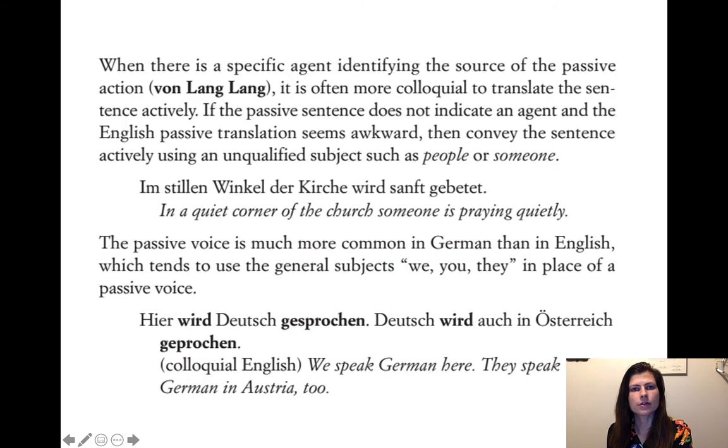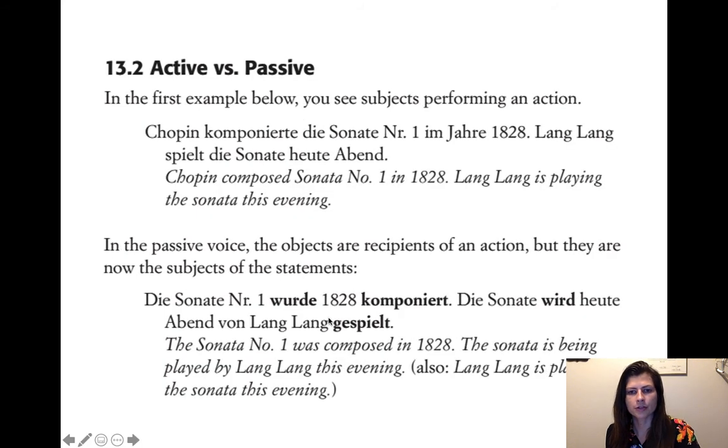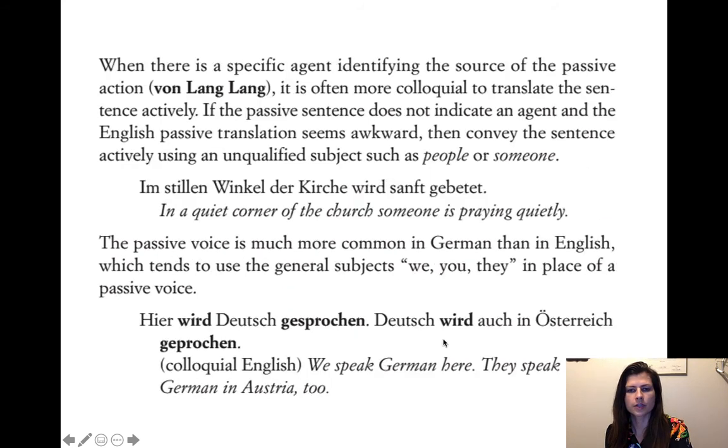The von was retained here, just like before, but you wouldn't have to if you didn't want to mention it. You could just say, die Sonate wird heute Abend gespielt, which would be, the sonata is being played tonight.